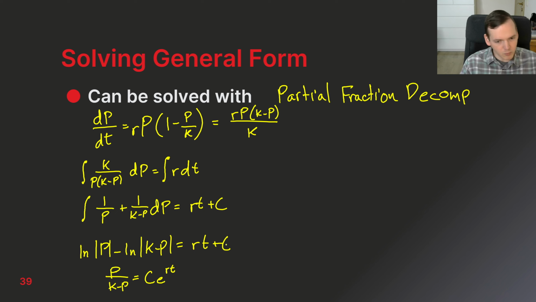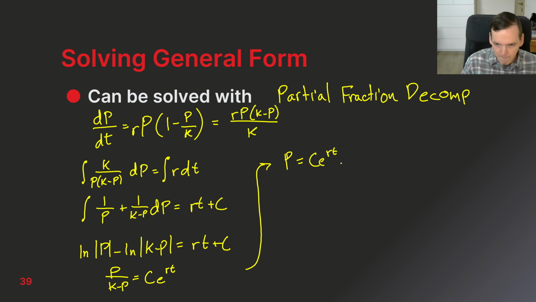And you've seen before where e to the RT plus C gives C e to the RT. And then we can write P is equal to C e to the RT times (K minus P).